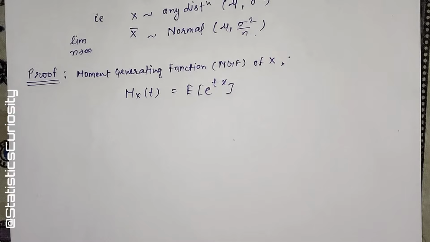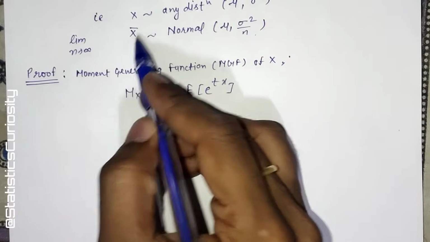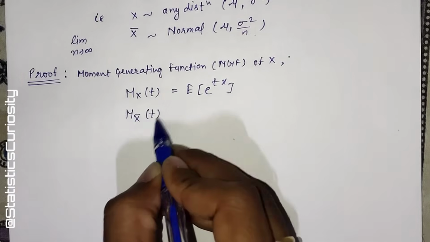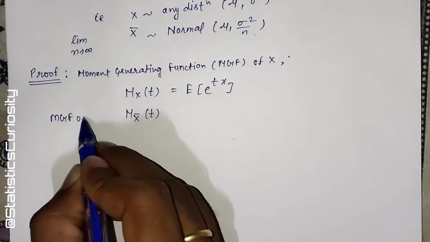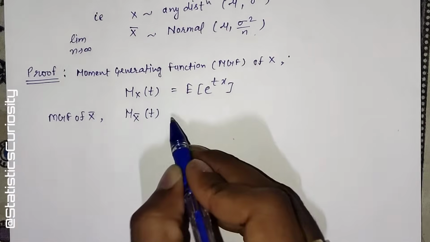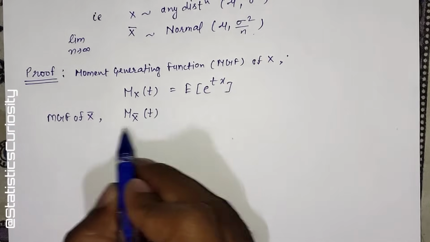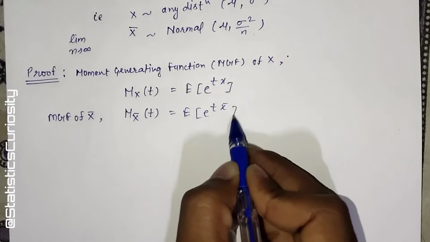Now if we want to know the distribution of x bar, the moment generating function of x bar, M x bar(t), as Mx(t) is expectation E raised to the power tX, will be expectation E raised to the power t x bar.